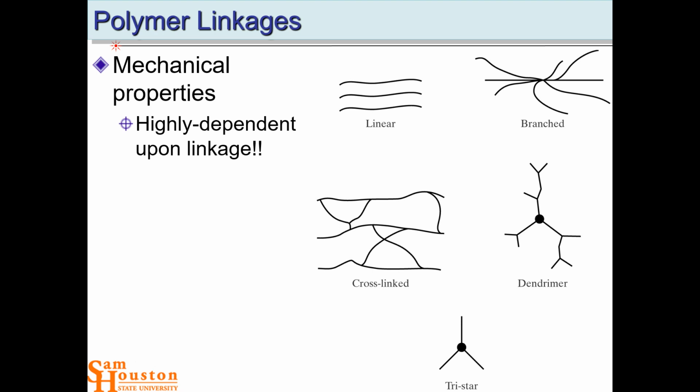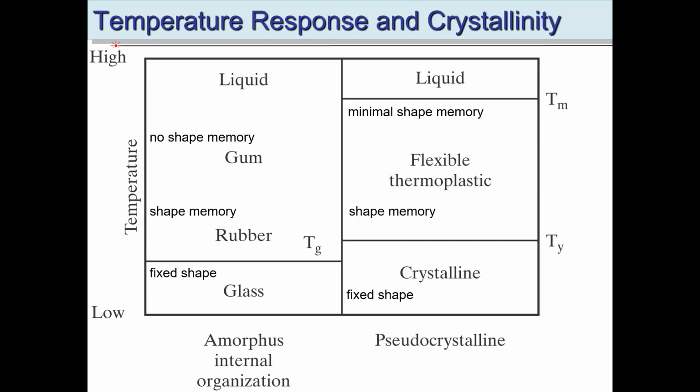You can have dendrimers, which start with a trivalent center, like a nitrogen that has tertiary structure, and then grow out from that. And if that's branched, then you have dendrites, or these little fingers that come out. And then cross-linking is a super important property of polymers and changing their physical nature.